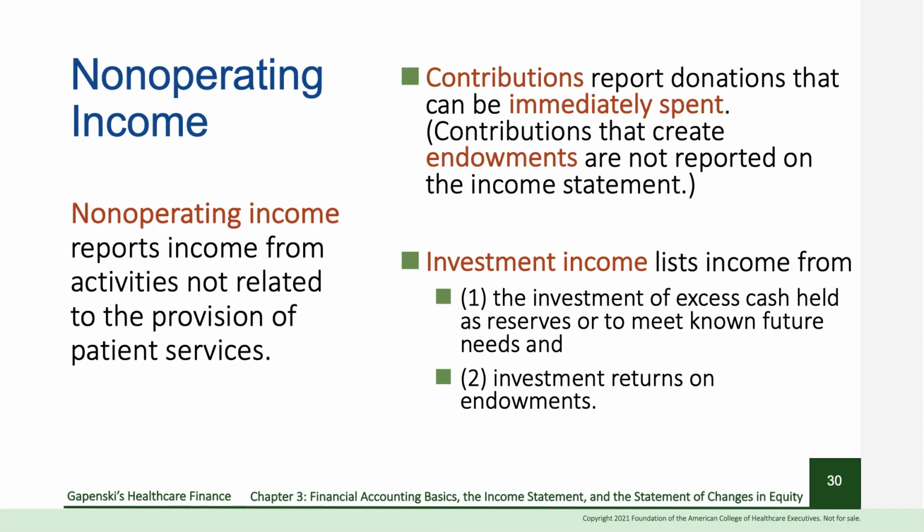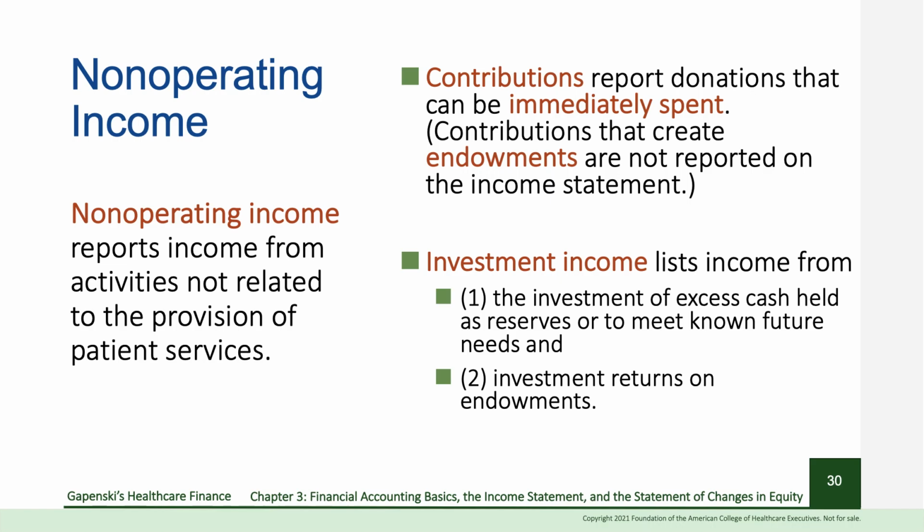So, what do you understand by non-operating income? That reports income from activities that are not related with patient services. So, contributions that are coming from donations, like I already told you, that can be immediately spent. But contributions that create endowments are not reported on the income statement. If there is a trust and the trust says that for the next 10 years, this hospital will be getting like $500 every year, and in order to get that endowment, they have to meet certain criteria, so those are not contributions.